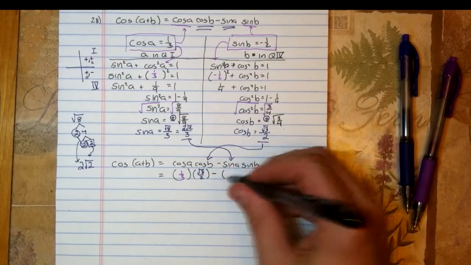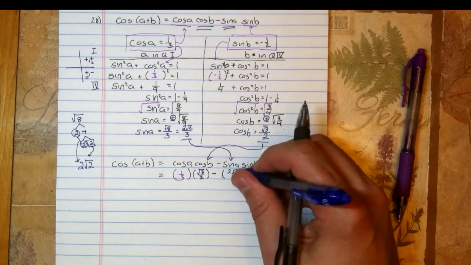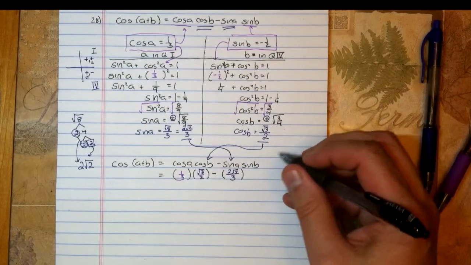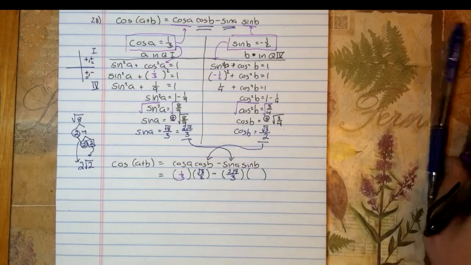And then I have minus my sine of A I figured out to be 2 square root 2 over 3, and my sine of B was given as -1/2.